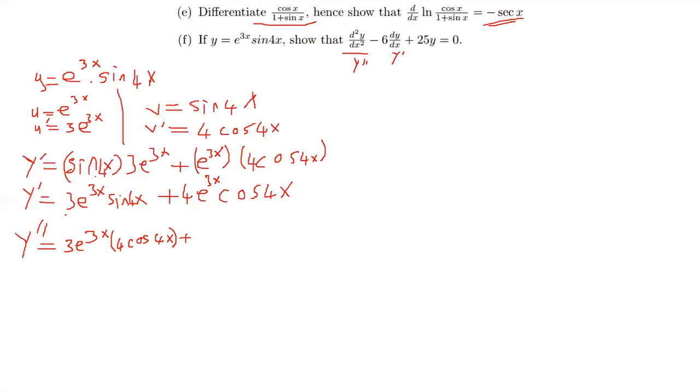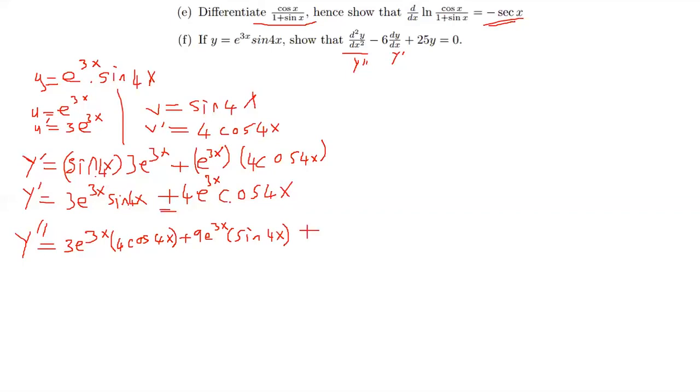So I'm going to get 9e to the power 3x times sine 4x. Then I'll write this plus, which is this one here.